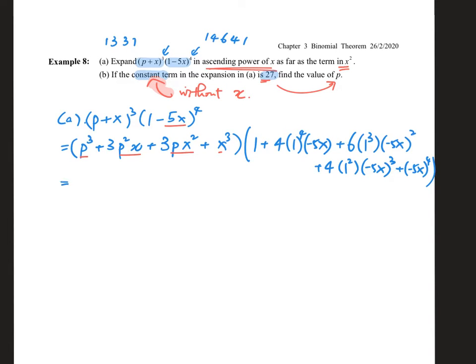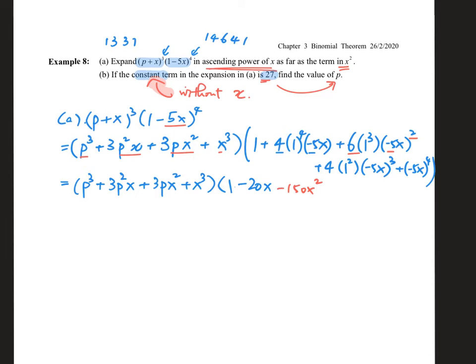Coming up next, we need to simplify it because I need to expand the brackets as well. So I rewrite the things as follows. Okay, next, you have 4 and minus 5, which is minus 20x. And then next you have 6 and minus 5 squared, which gives you minus 150x squared.